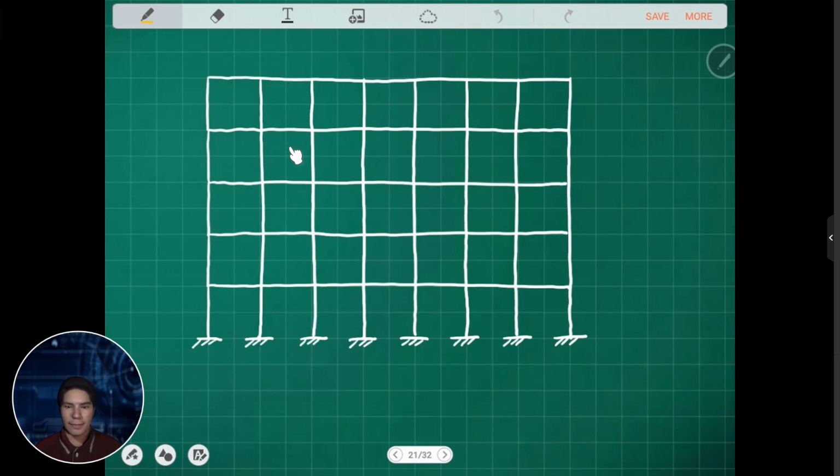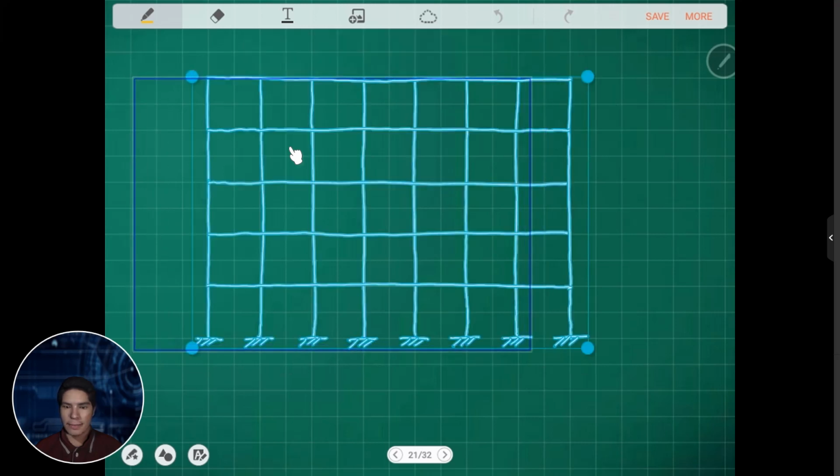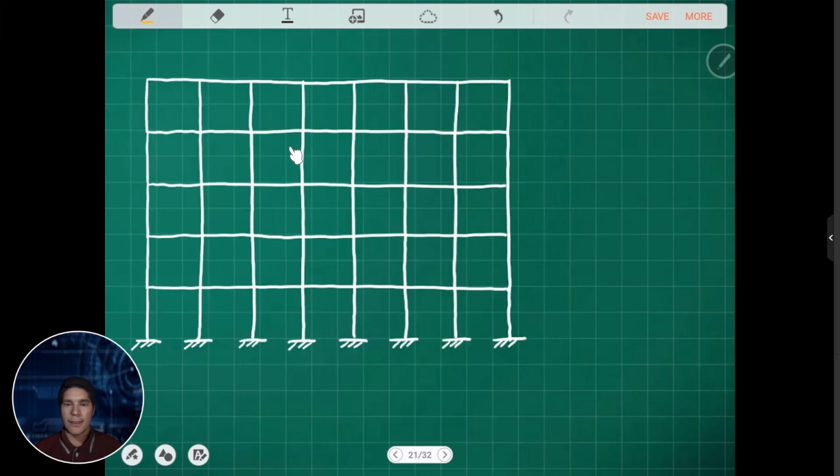So we just need to count the number of reactions. For the number of reactions, we have 3. So we have 3, 3, 3, 3, 3, 3, 3, and 3.